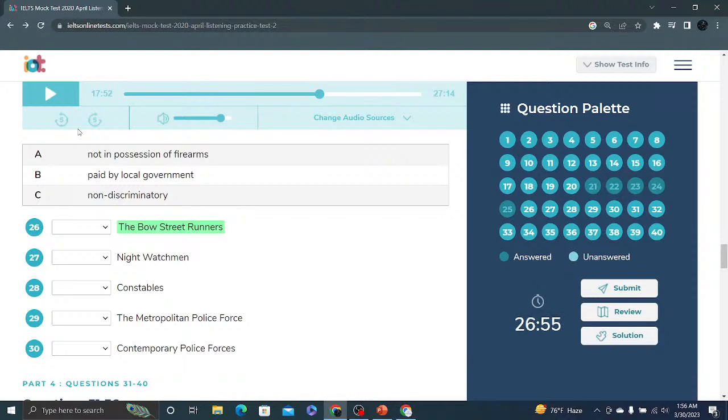That means paid by local government. The magistrate's office is kind of local, so B will be the answer. Okay, let me choose it.